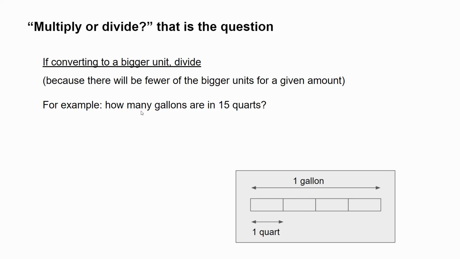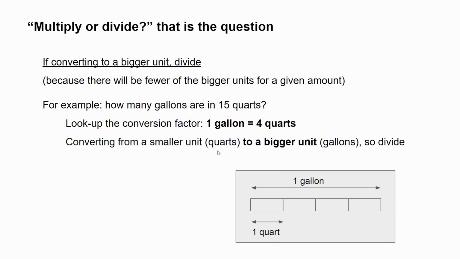For example, how many gallons are there in 15 quarts? Look up the conversion factor. 1 gallon equals 4 quarts. We're converting to a bigger unit, so we should divide. Divide by 4. 15 divided by 4 equals 3.75 gallons.